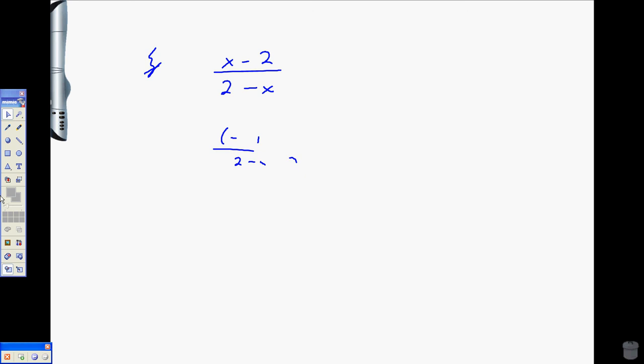Now just so you can see it, I'll rearrange the numerator. It's still a negative, but I'll move the 2 to the front, it's positive, and it's a negative x over 2 minus x. Well now, these factors would cancel, and I'd be left with a negative 1.